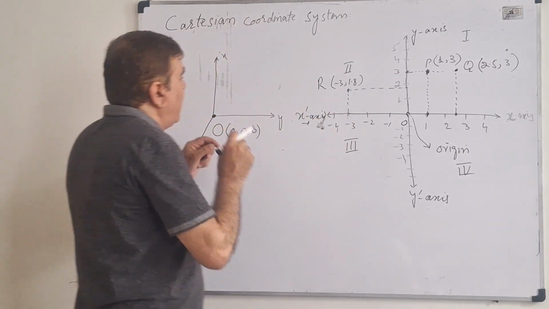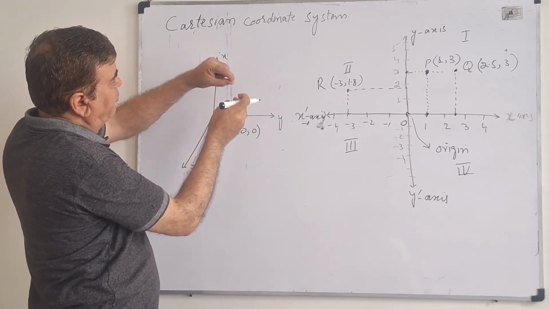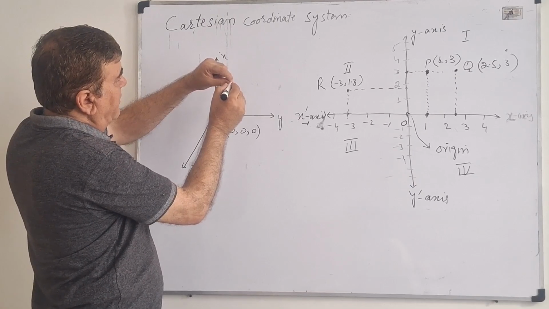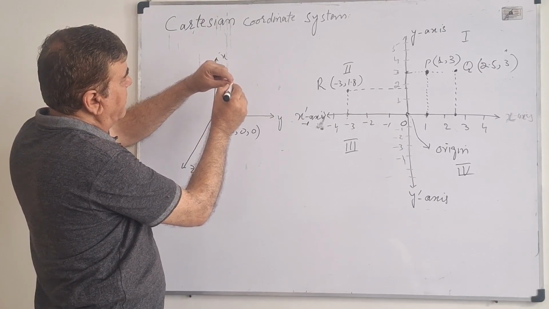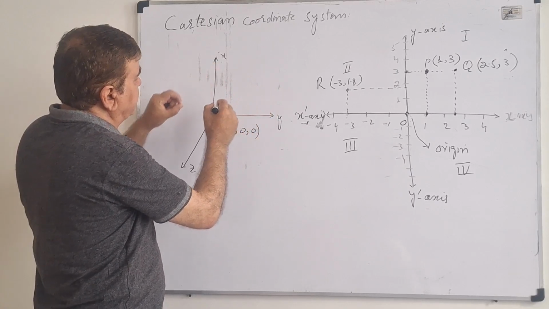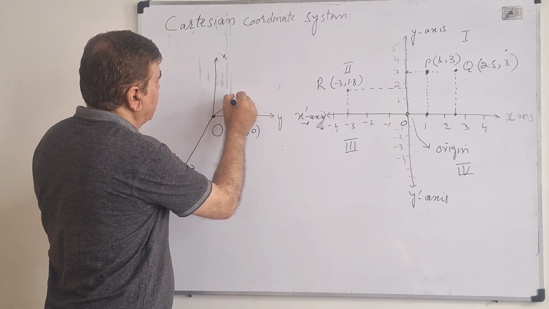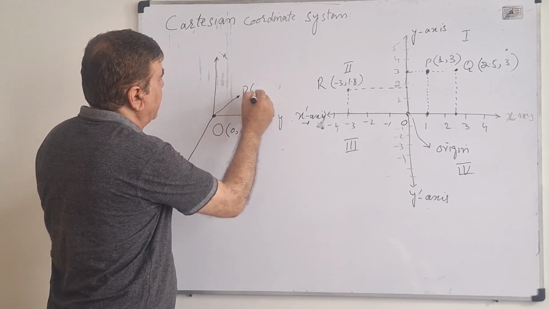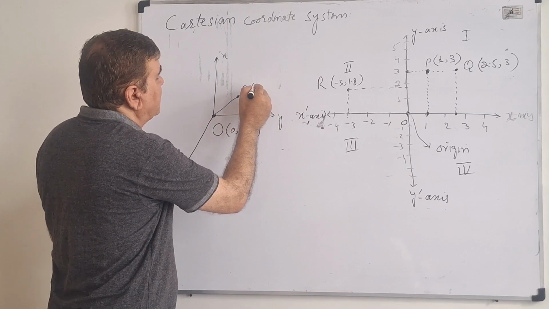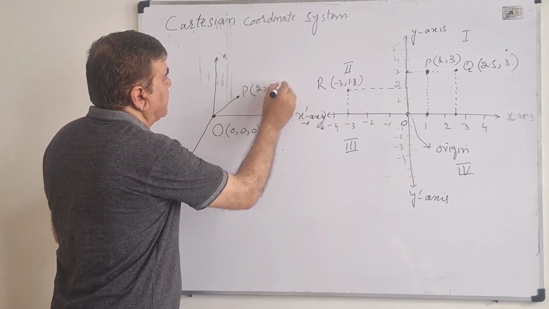That is, if we have a point somewhere above the plane, I want to represent this point, I call it P. I will put three numbers. It is not possible to show it exactly, so I just draw this point somewhere over here and write P. This P has some values, let's say 2, 5, and 3.